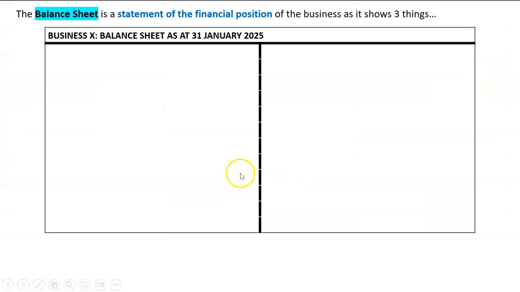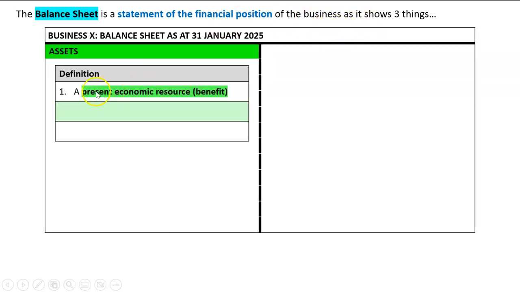Let's just go over what a balance sheet is. We write here: business name, balance sheet as at a certain date. It's the statement of financial position of a business, and it shows 3 things. The assets, which are present economic resources or benefits controlled by the entity as a result of past events, go on the left-hand side.